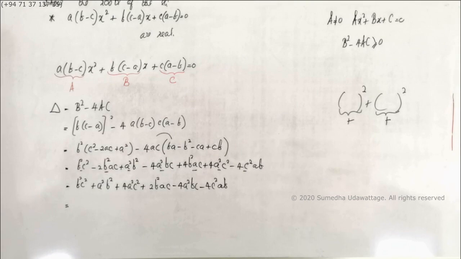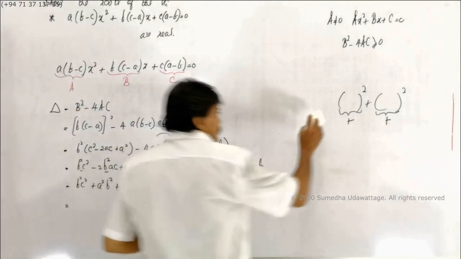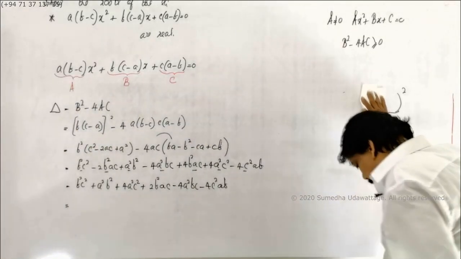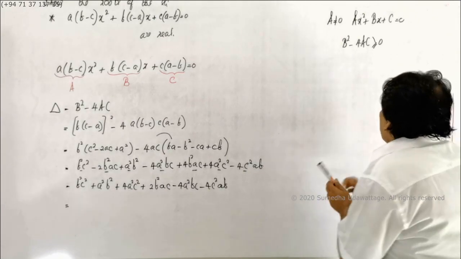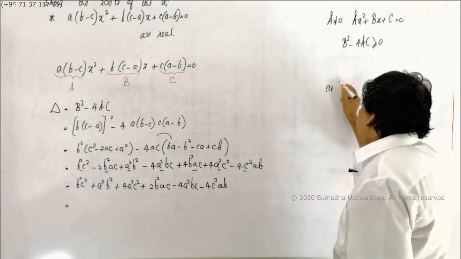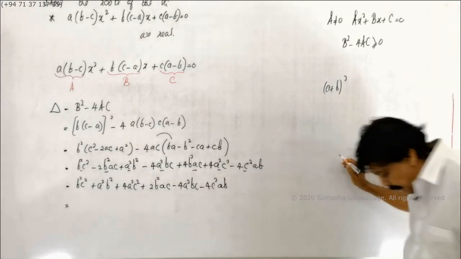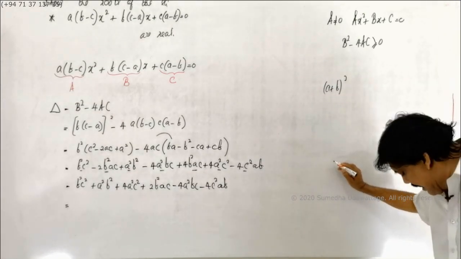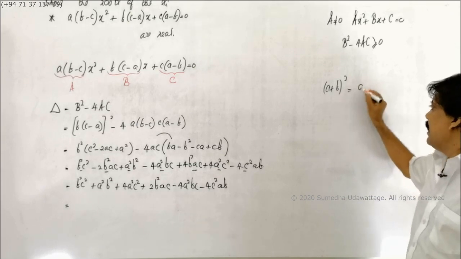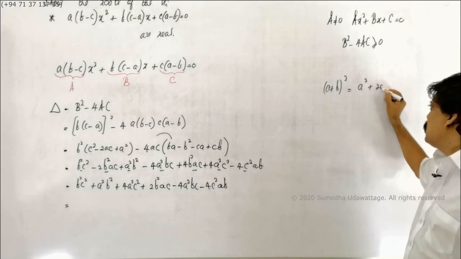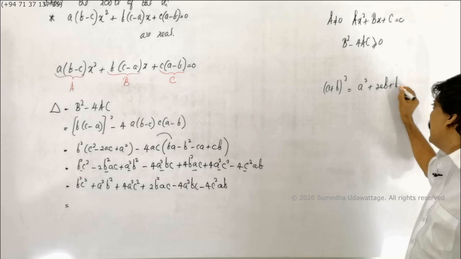You know, from grade 9 mathematics, that a plus b all squared is a square plus 2ab plus b square.